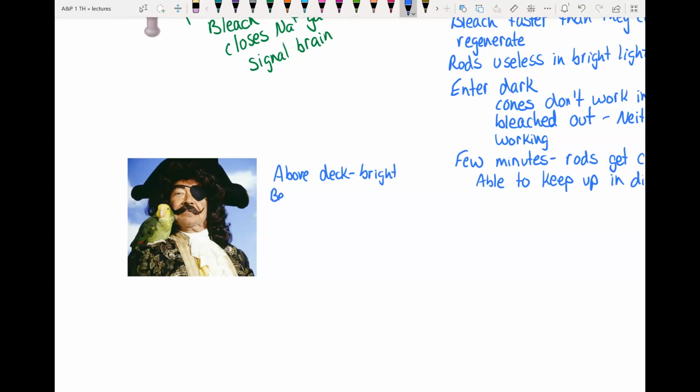When you go below deck, it's dark. You don't want to have to waste time waiting for your eyes to adjust every time you go below deck. So the patch covers one eye. This prevents the rods in that eye from bleaching out.